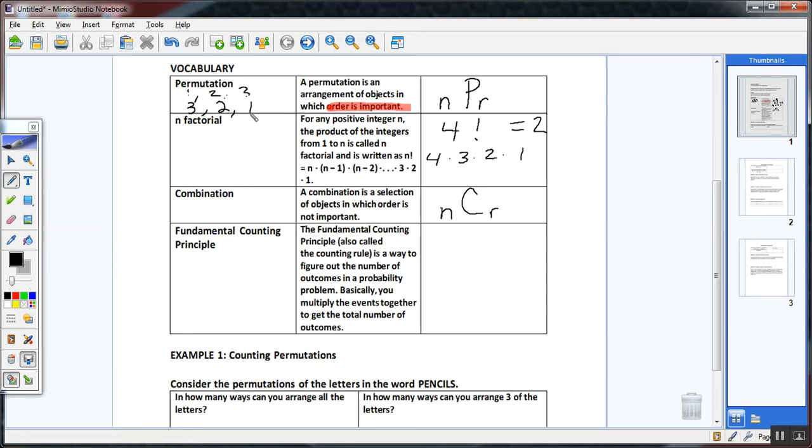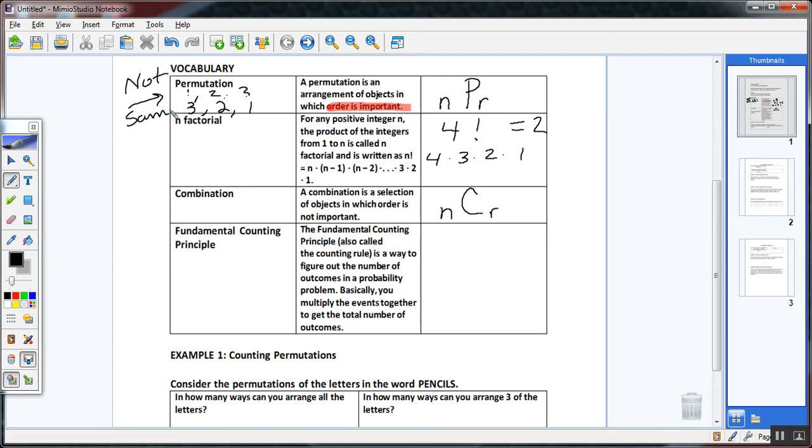Those would actually count as how many different sets? 2. They are not the same. They count as 2 different sets. 1, 2, 3 would be different than 3, 2, 1. That would be an example of permutation. How do you arrange things? Okay, that's 2 arrangements.